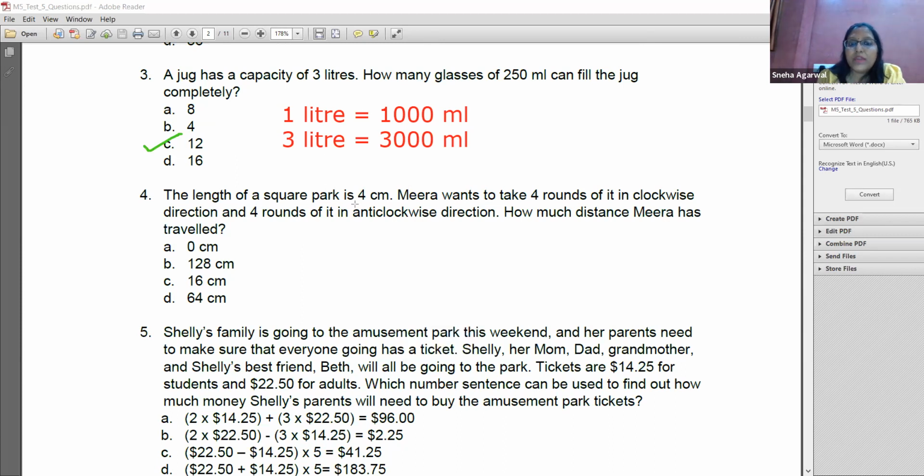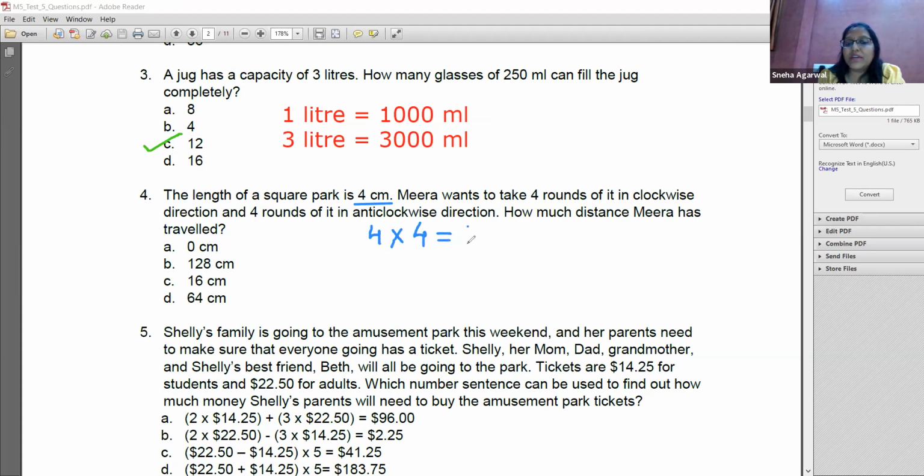So now Mira is taking 4 rounds in the clockwise direction and 4 rounds in the anti-clockwise direction. That means she is taking total 8 rounds, right? So how much distance has she traveled? If she is taking 1 round of a square park, she is covering the distance of 4 into 4. What is the distance covered in 1 round? That is 16 centimeter, right?